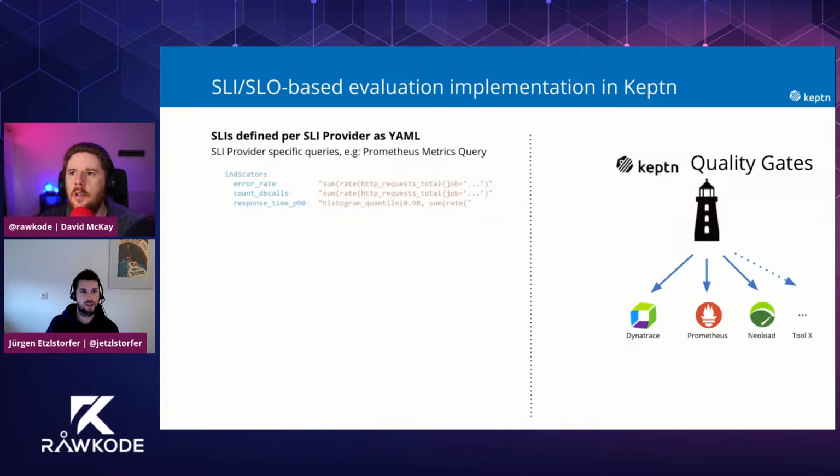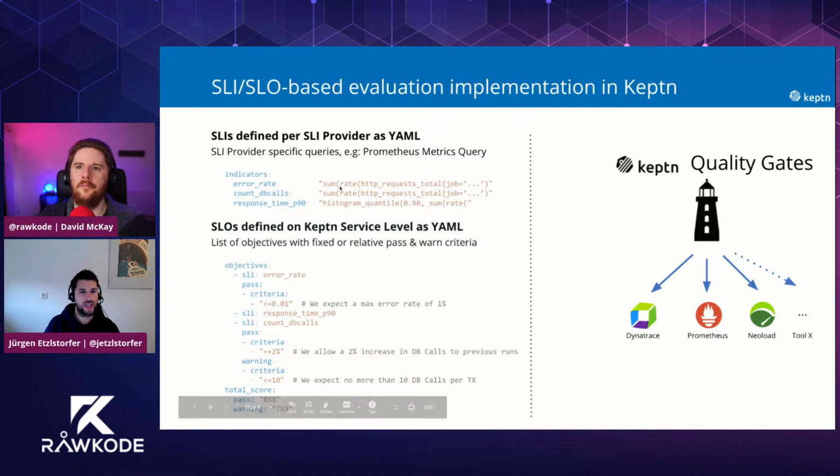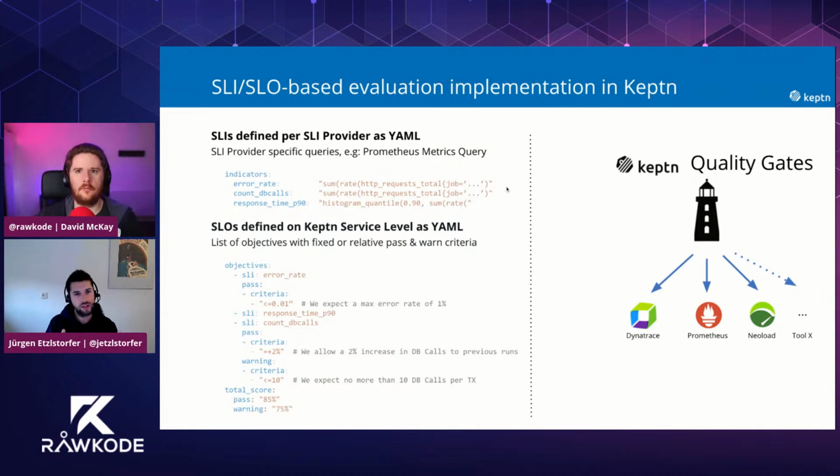This is how it works in a little bit more detail. We have these SLO files and SLI files. You can think of this as a library of indicators and how you can fetch this data with a PromQL query, where you define your PromQL, and this is then executed when Keptn evaluates the quality gate. And you can just reuse, let's say, the error rate here.